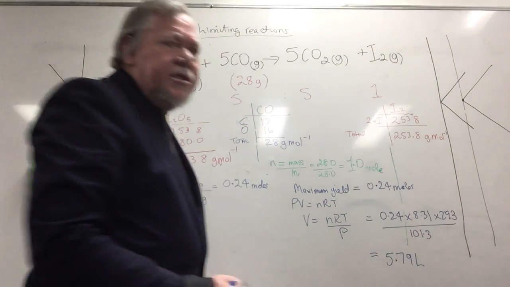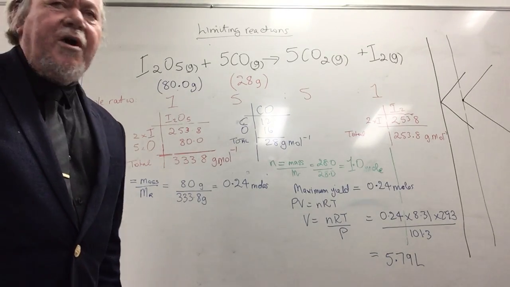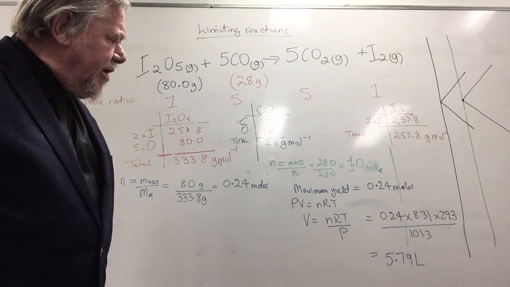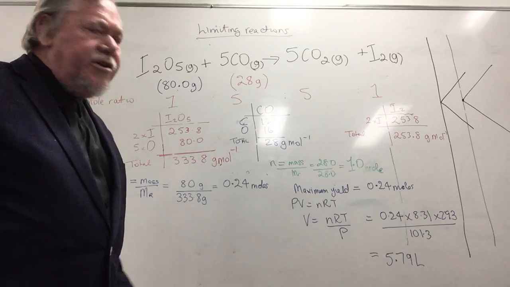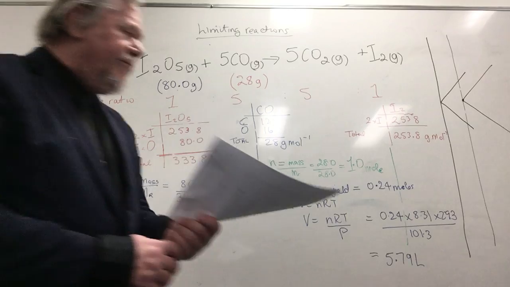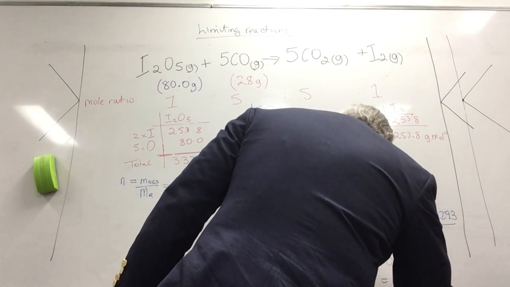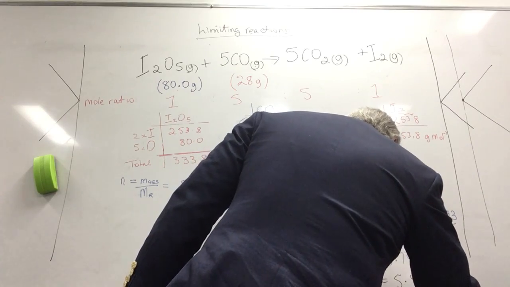Okay? Yep. And divide that by 101.3 kilopascals, and we end up with 5.79 litres. And make sure we have the right amount of sig figs, we are talking 5.8 litres. Okay?